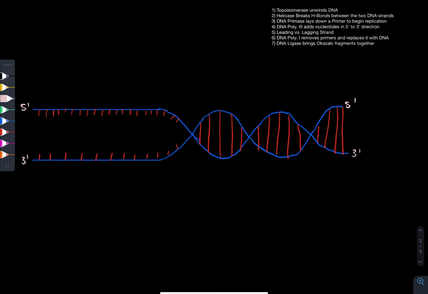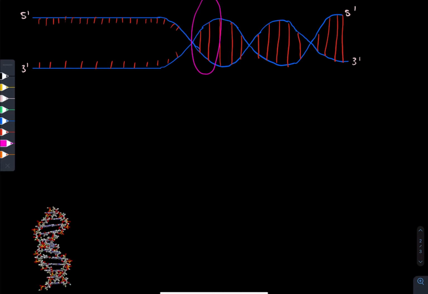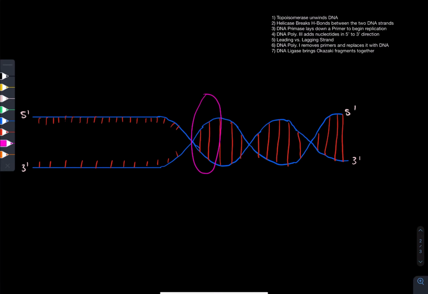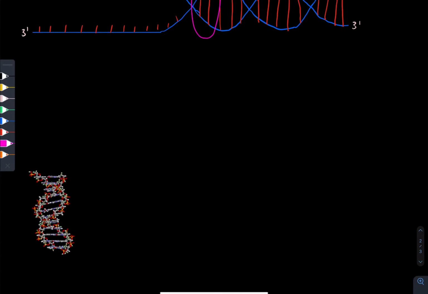So what we need to know first is that topoisomerase is an enzyme who is going to come and it's going to unwind the DNA. It's going to start here in these areas where the DNA is coiled up, like right here. You can't really see it here because it's two-dimensional, but DNA is twisted and it's clumped together as you would see right here.